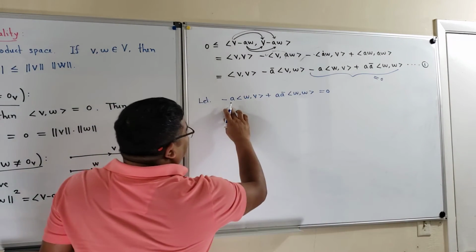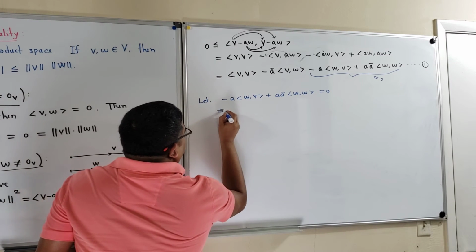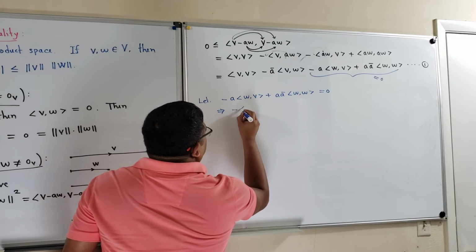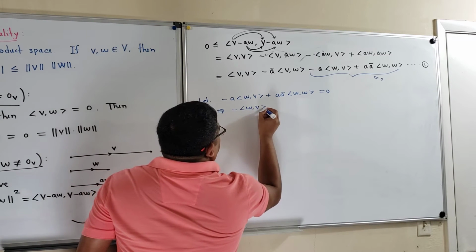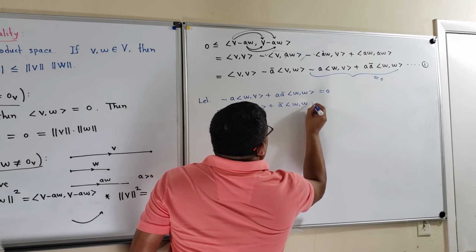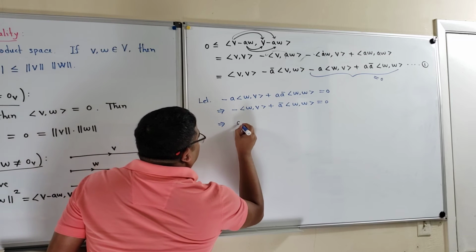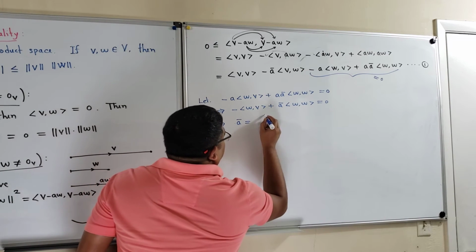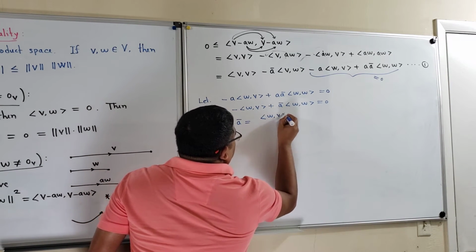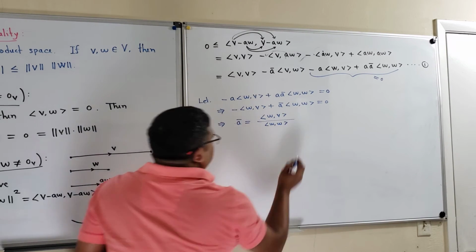So if we divide the whole equation by A, then we have minus inner product of W, V plus A conjugate inner product of W, W equals to 0. So what is the value of A conjugate? So A conjugate is inner product of W, V divided by inner product of W, W. Okay.